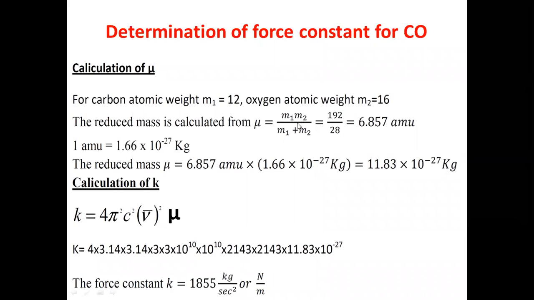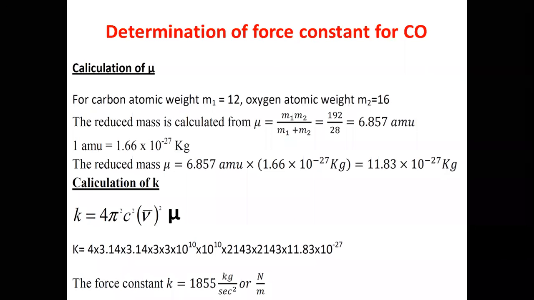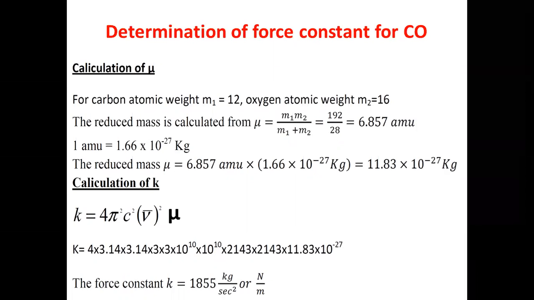Now how will they give the problem based on this topic? The wave number or the vibrational frequency of carbon monoxide molecule is 2143 centimeter inverse. Find out its force constant. We will solve this problem in two steps. First step is calculation of mu, the reduced mass.